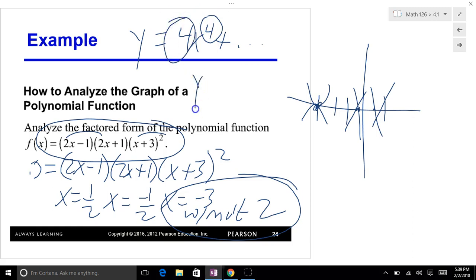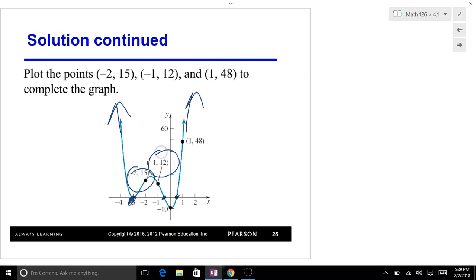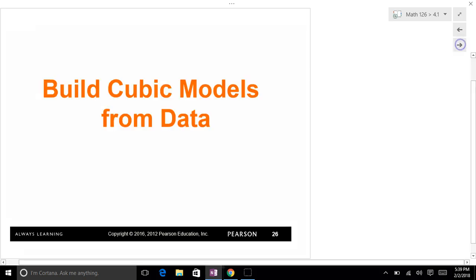Just like x squared, even and positive in front, this will go up and up. Now I just fill in points by plotting some points. Notice it goes up, just touches at the -3, crossing through there. Plug some points into the equation to get some other points, and you're on your way.